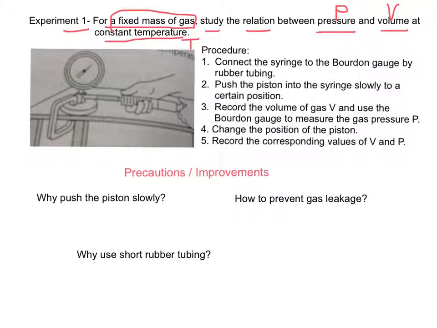The procedures are: first, connect the syringe to the Bourdon gauge by using rubber tubing.